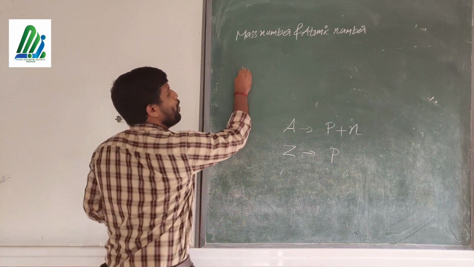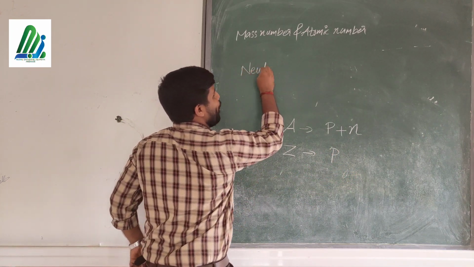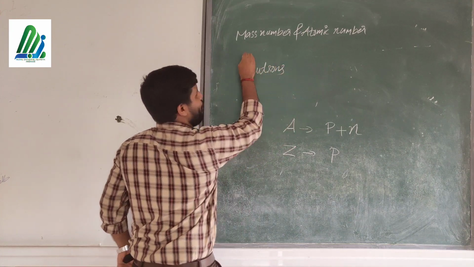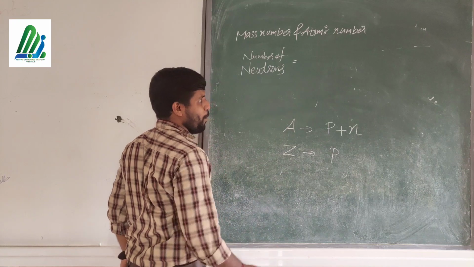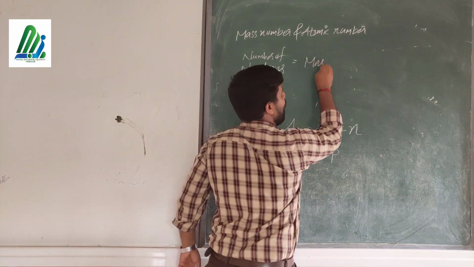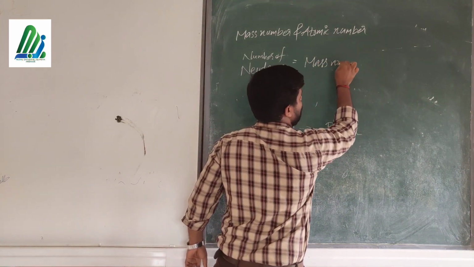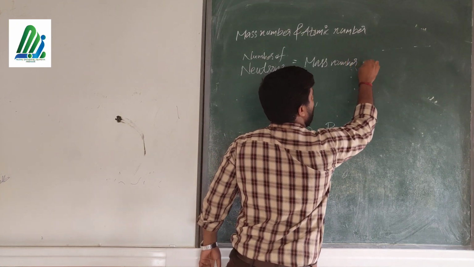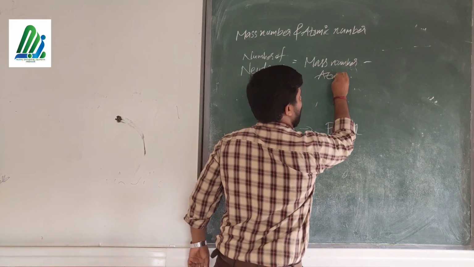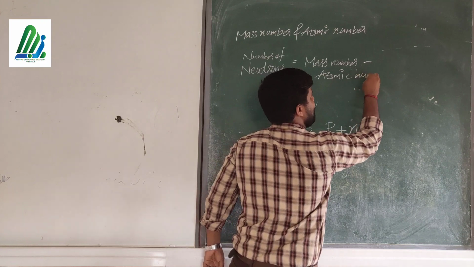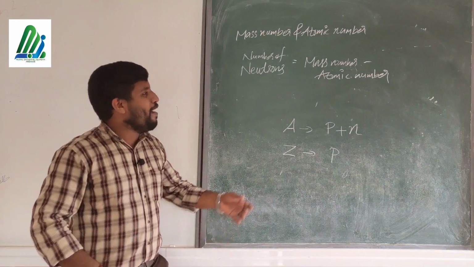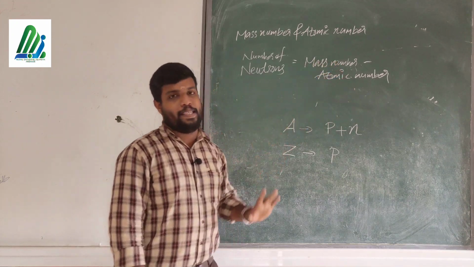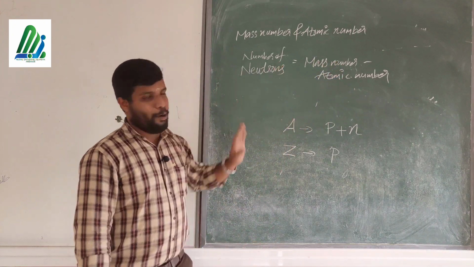The number of neutrons is equal to mass number minus atomic number. We subtract the atomic number from the mass number, and we get the number of neutrons.